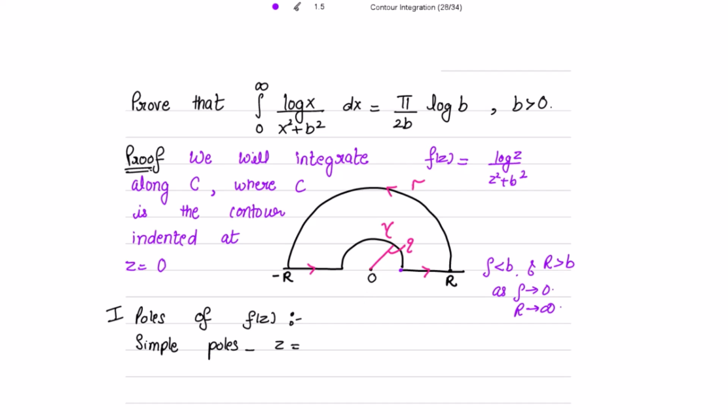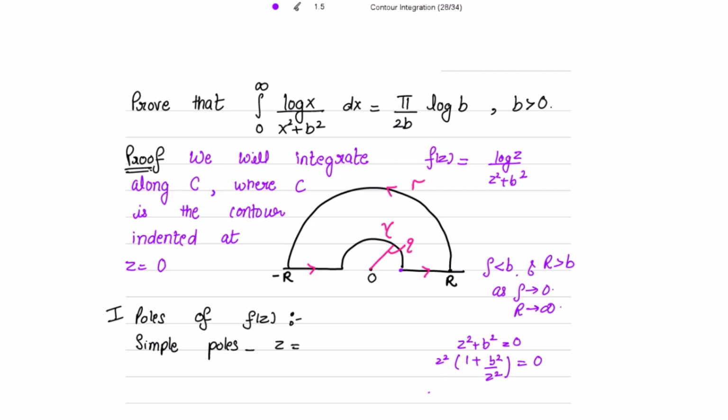Why? Just take the denominator equal to 0. If I take z square plus b square equal to 0 and take z square common, this will be 1 plus b square over z square equal to 0.